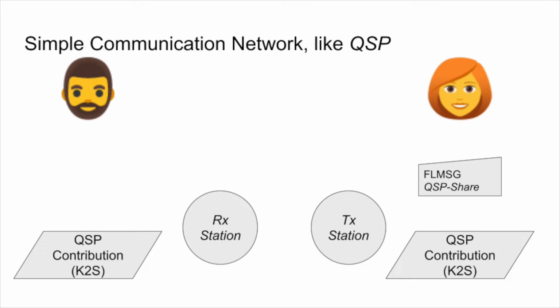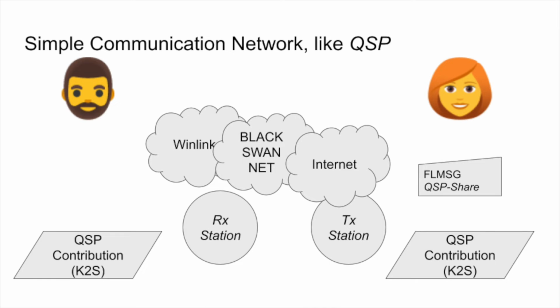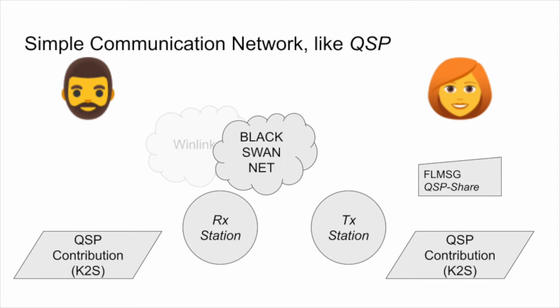So the radio operator then is going to take a look at what options do I have, and I might have an internet option. Let's just take that away because we're focusing on radio here. We might have some other options. WinLink might be readily available, but let's take that away because we know that the receiving station is going to be on the Black Swan net, and that means that we can perform a transmission directly to the receiving station via Black Swan.